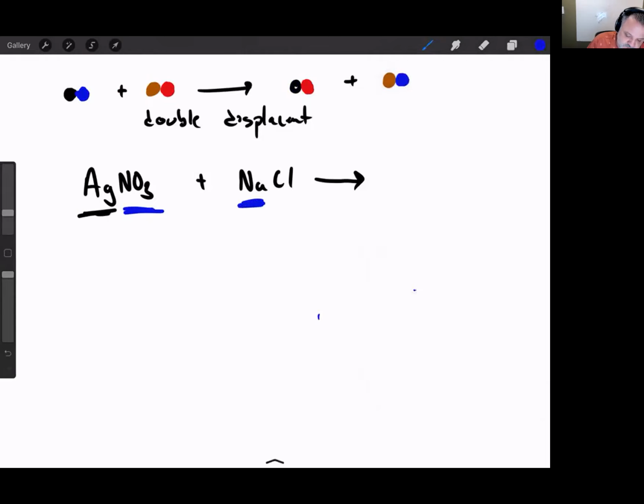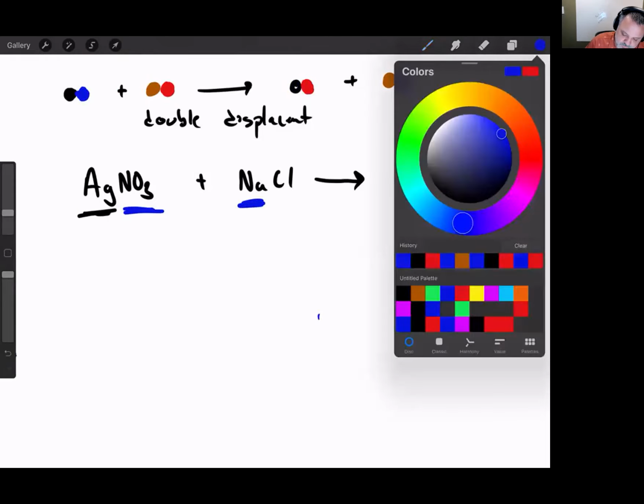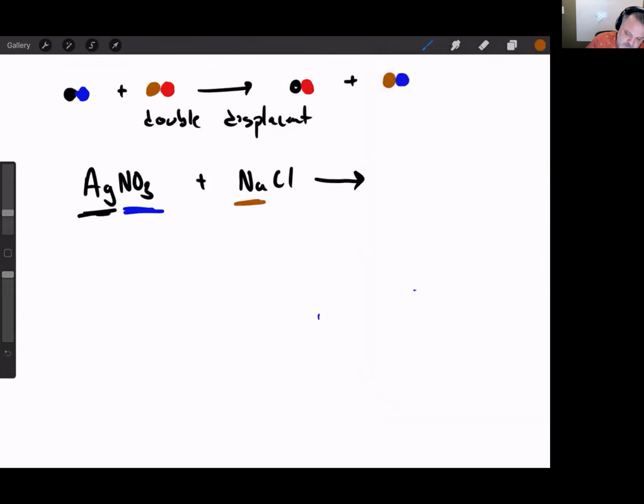Here's brown. And here's red. So what does that mean? Well, that means that silver and chloride will come together, and sodium ion and nitrate will come together, and these things will form new compounds.